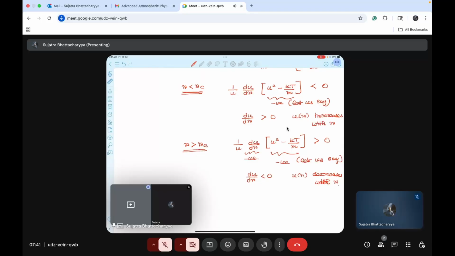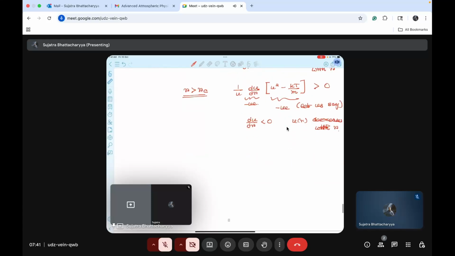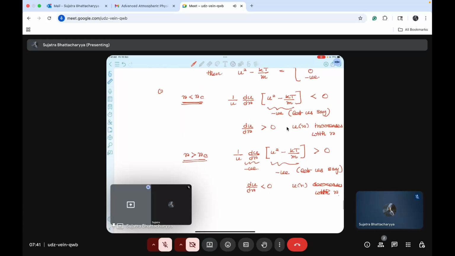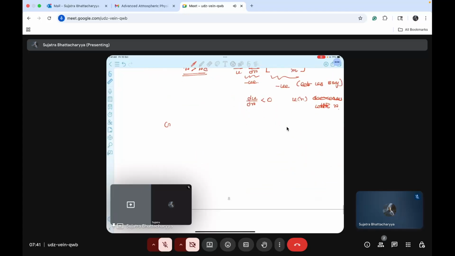There are other expressions. This is, let's say, case one, where we have always taken this as negative. Next is case two, where for r less than rc, 1/u du/dr and U square minus kT by m will be less than 0, gravity will dominate. And now we will say that this term is positive. Earlier, in both the cases we had taken negative. Now it is positive.